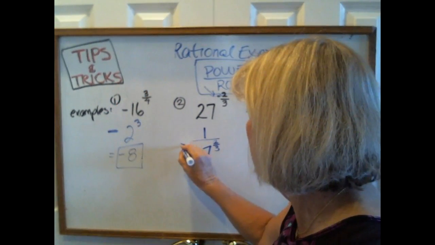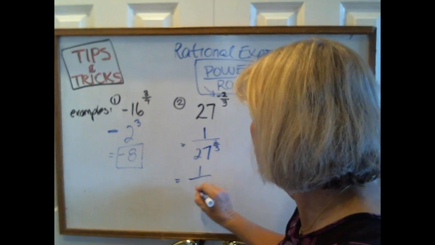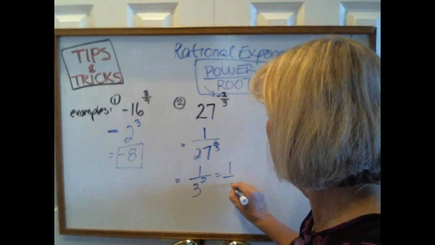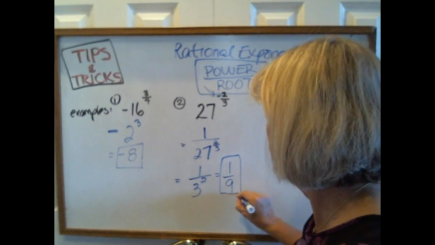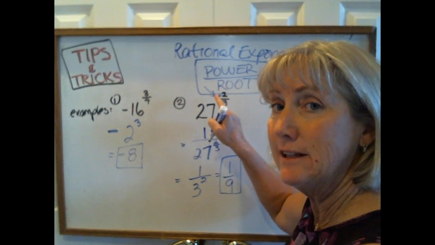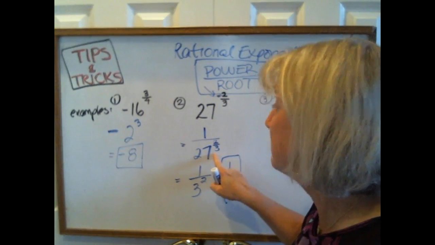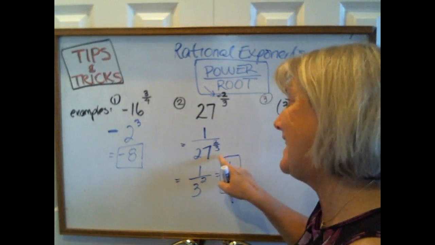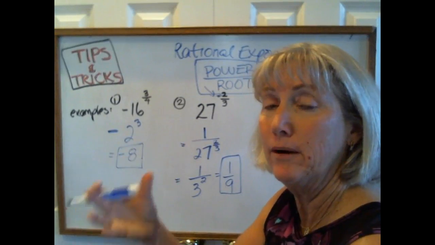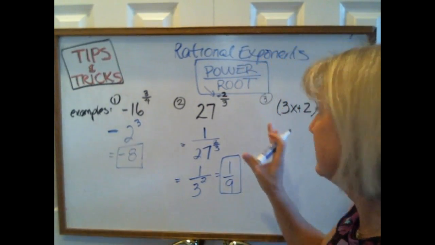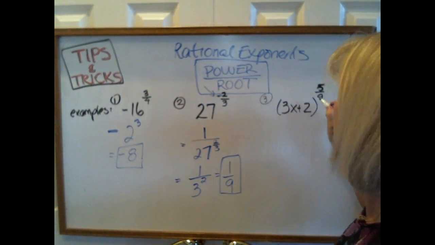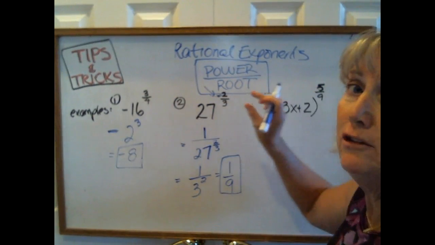So this is going to equal 1 over 3 to the second power, which is 1 over 9. So remember, when you see a negative exponent, it sends it to the denominator. If the negative exponent was in the denominator, it would send it to the numerator, but it would not make the number negative.